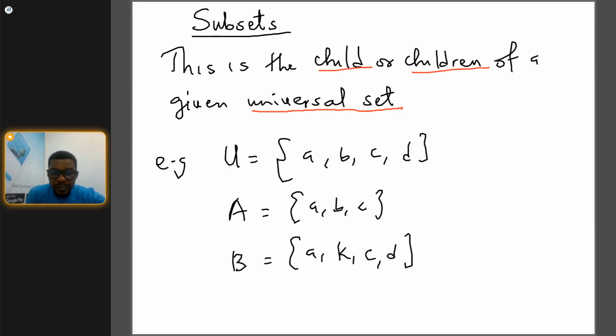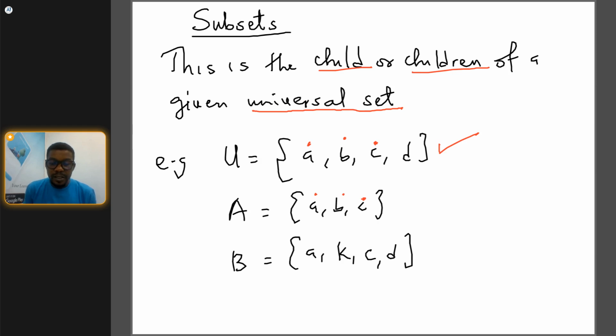Subset A is A, B, C. Subset B is A, K, C, D. Looking at the universal set and the two sets we have here, we have A in the universal set, we have B in the universal set, we have C also in the universal set, which implies that subset A emerged from the universal set. So subset A is a child to the mother set, which was the universal set in this question.